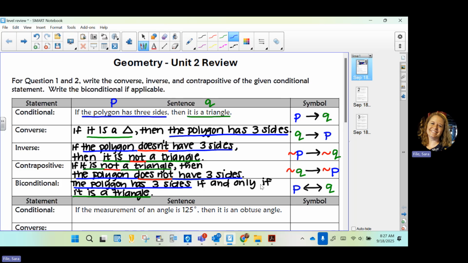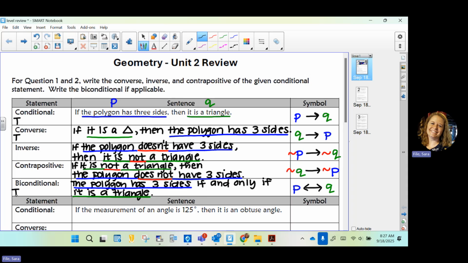Biconditionals, remember, are only true if both the conditional and the converse are true. So let's see, if a polygon has 3 sides, then it is a triangle. That's a true statement, right? That's true. If it is a triangle, then a polygon has 3 sides. That's also true. So because the conditional and the converse are both true, then the biconditional is true.